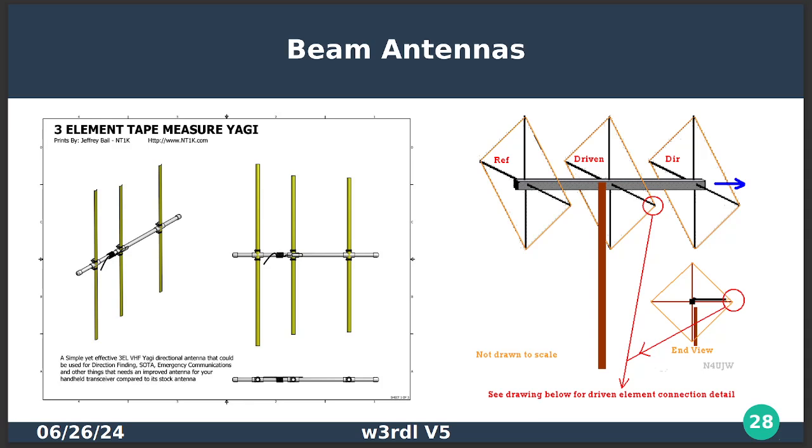Well, this is the director, and this is the reflector, and your active element, your driven element, is closer to the reflector. So the length of the elements and the distance will change the effect of the phase, and that makes it add.